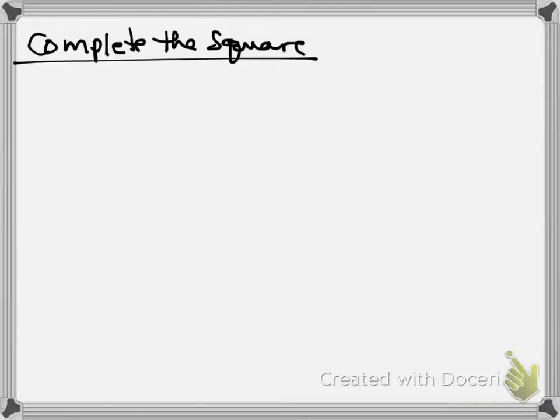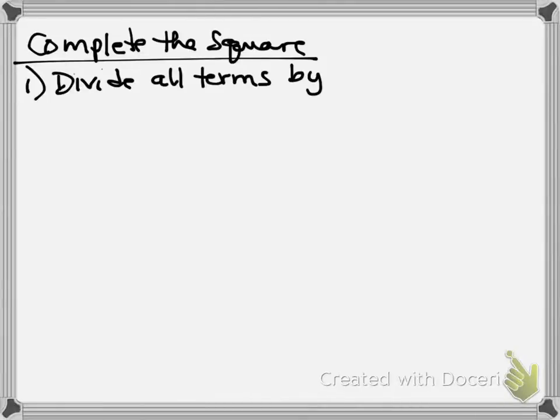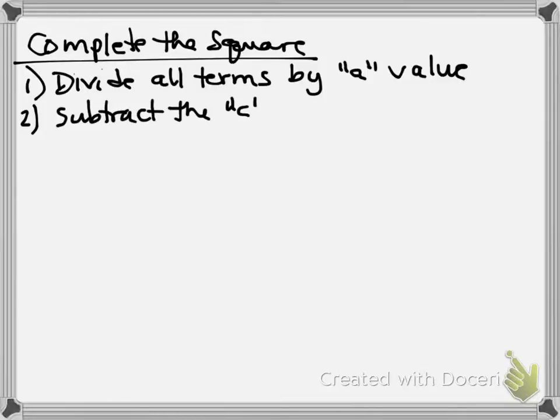So, in all, the steps to complete the square. One, divide all terms by the a value. Two, subtract the c value from both sides.